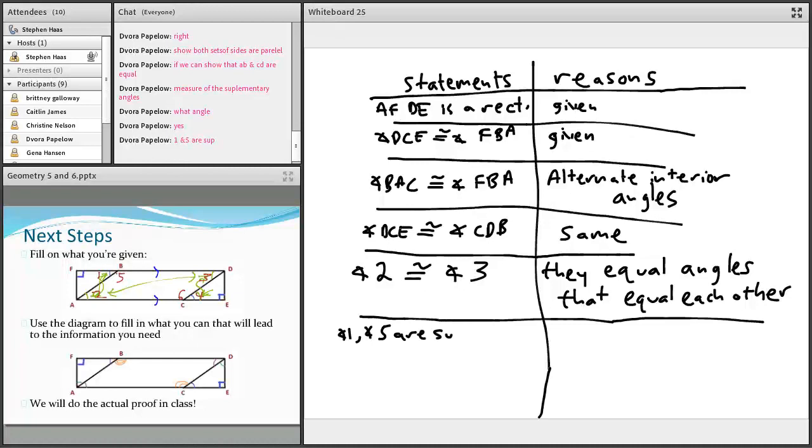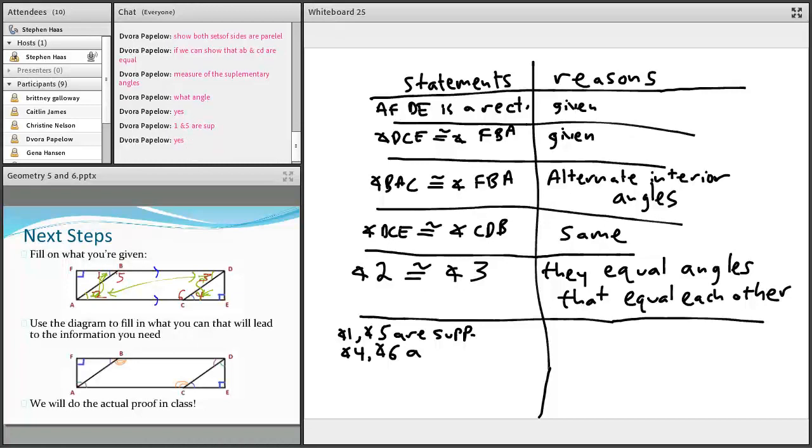We can also say for the same reason that, let's say, angle 4 and angle 6 are supplementary. Okay. And for the reason I'll say, okay, I'll just say, sorry.